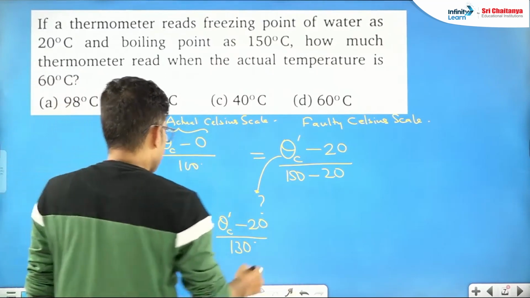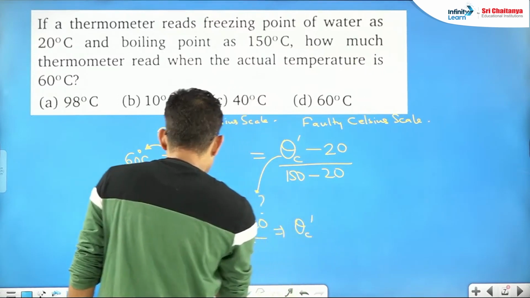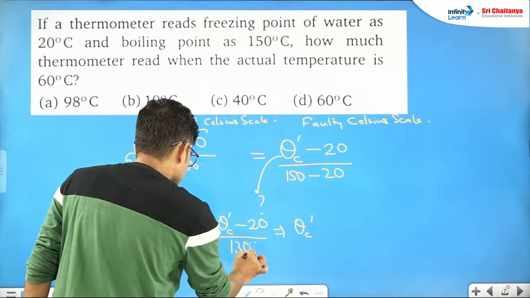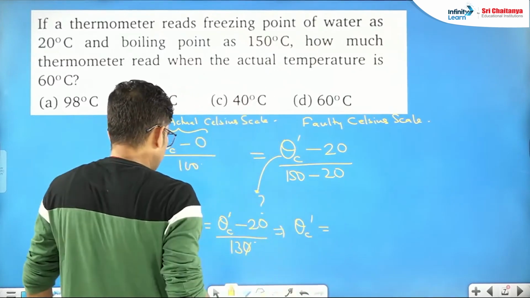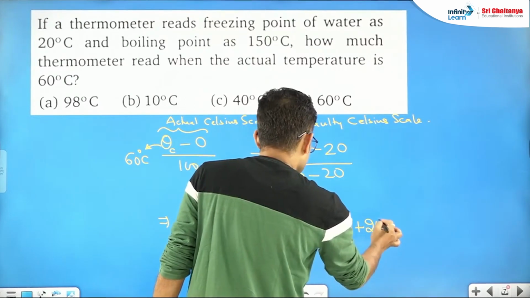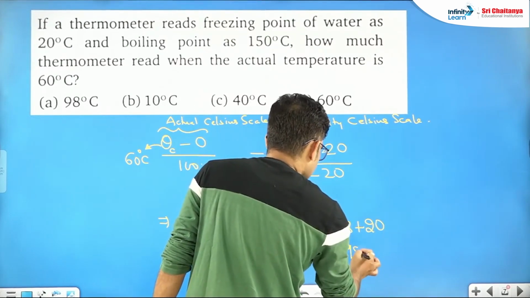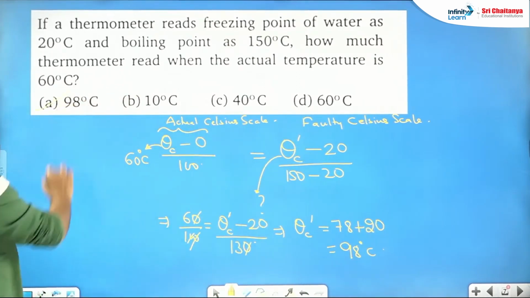So from here theta c dash will be equal to 13 into 6, 78, plus 20, which is 98 degrees Celsius. So that is option A.